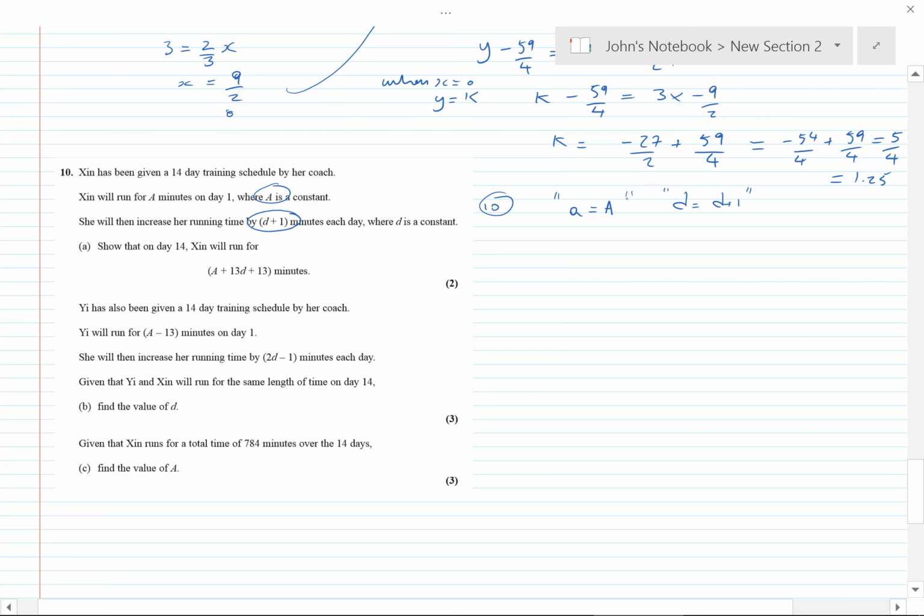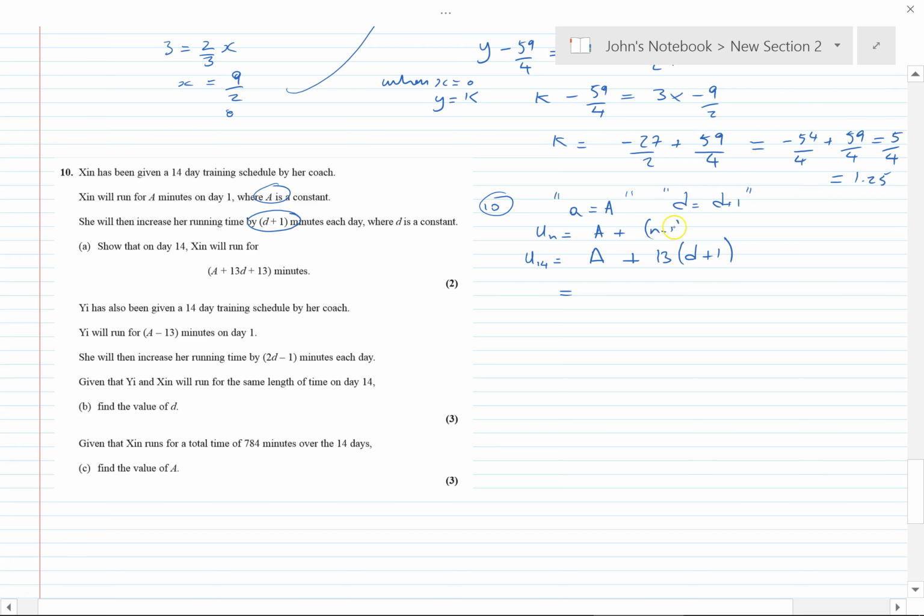Okay, so on day 14, let's call it U14, is equal to A plus n minus 1 d, so that's 13 times d plus 1. We probably better quote the formula, because it's almost like we're writing the answer down now, isn't it?